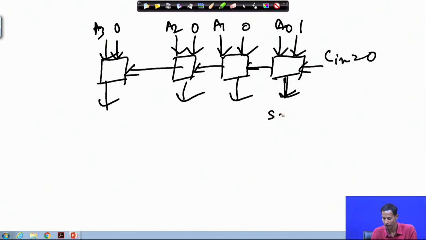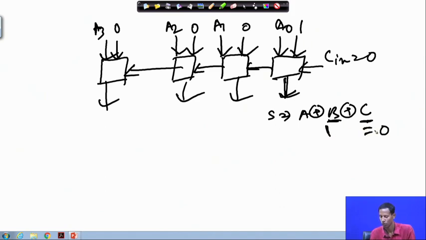For sum, the expression is A XOR B XOR C. So, here B is 1 and C is 0. So, if I just XOR 1 with A, at that time it will be just A0 bar for this S0. Okay.